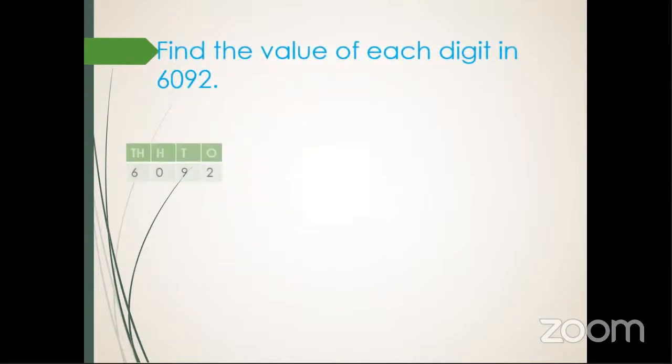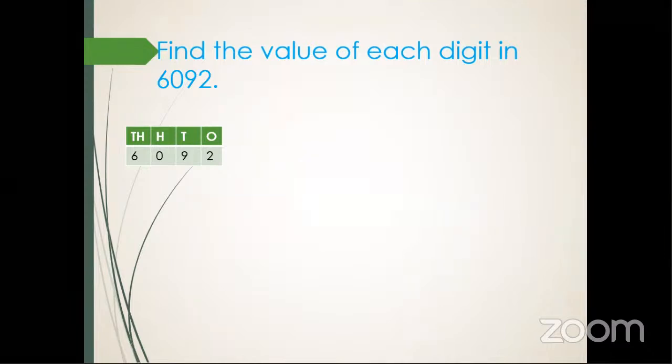If you multiply 2 times its place value, how shall we write that one? Let me see someone to tell us how we shall write it. Solomon's hand is already up. The value of 2 we shall write 2 times 1 equals.